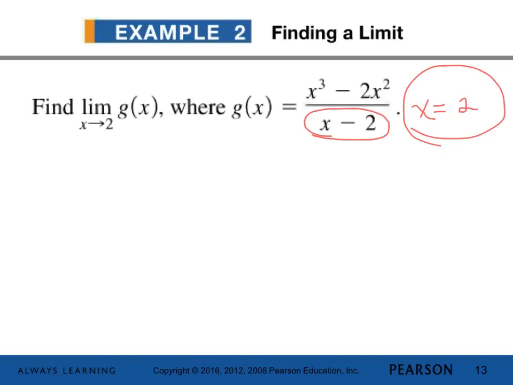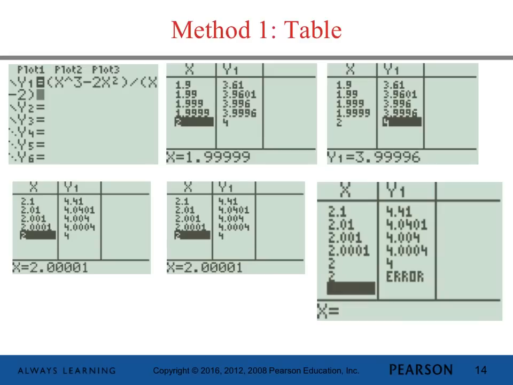If you check your textbook, however, on page 569, there is a picture of the graph, and it shows that there is a hole in the graph of f of x where x is equal to 2. Since it's easier to see on the graphing calculator, let's just look at that.